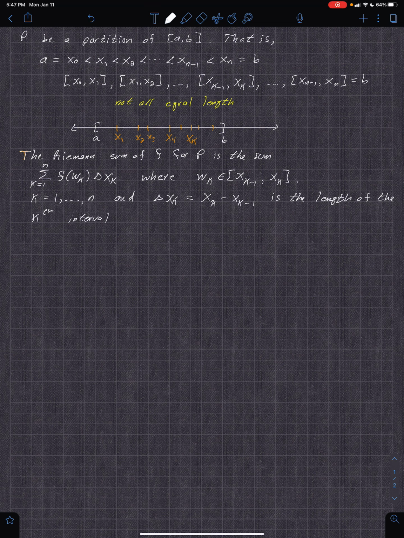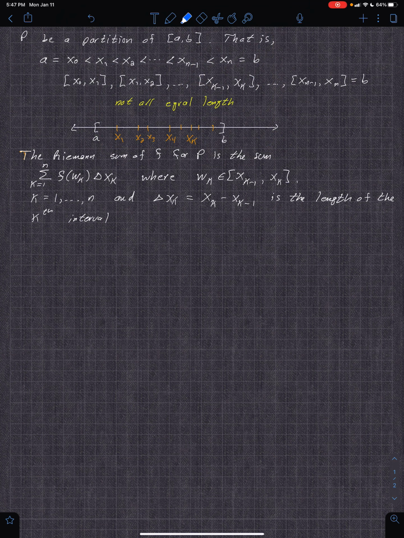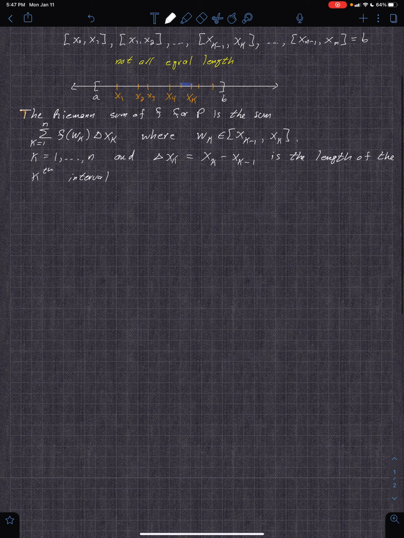So it's some arbitrary interval in here that we call the kth interval. Whichever one that is, suppose it's this one. All right, now let's talk about the norm.